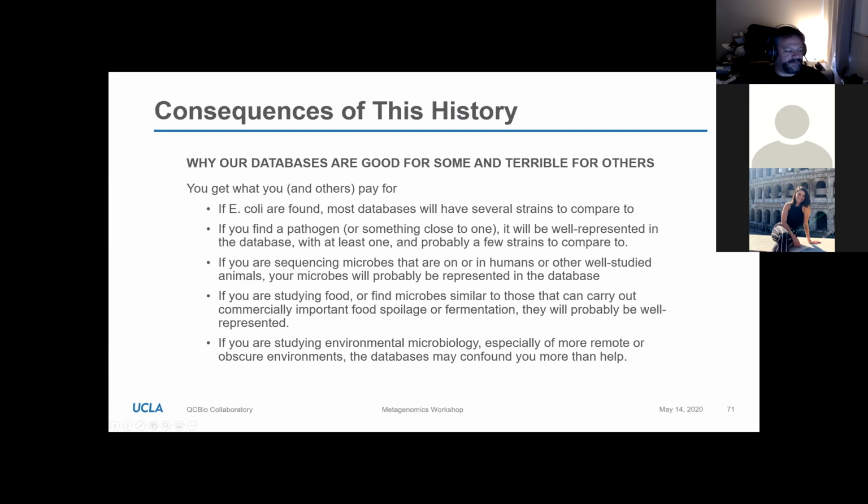And actually, even worse than that, you're probably going to also wind up finding that if you try and use a database for comparison, the database may actually start pointing in the wrong directions because you may have some programs that are finding you spurious connections to microbes that are unrelated to what you're into just because completely different environments such as the human are much more studied.